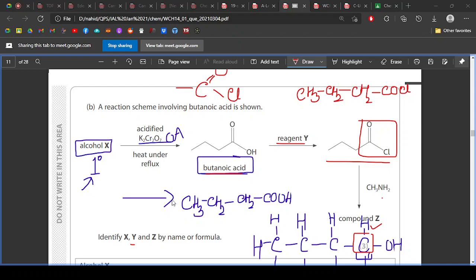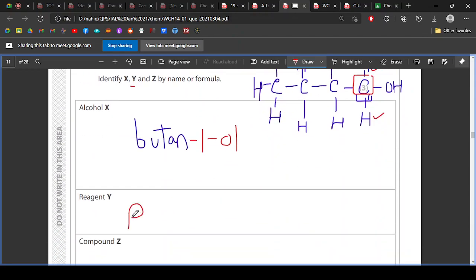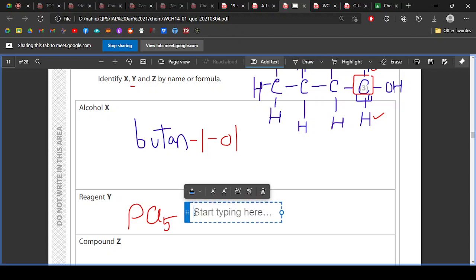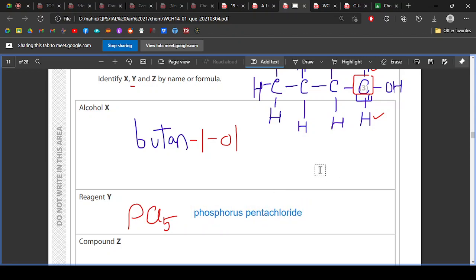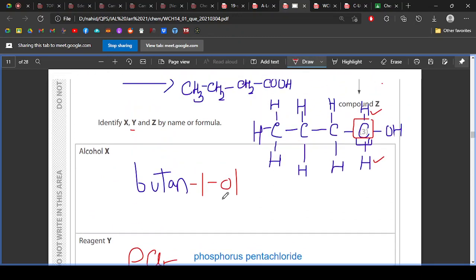To get acyl chlorides, the carboxylic acid must react with PCl5. So this butanoic acid must react with PCl5. So reagent Y is PCl5, which is phosphorus pentachloride.